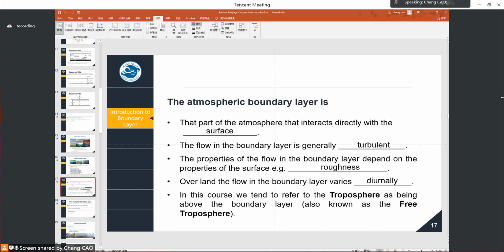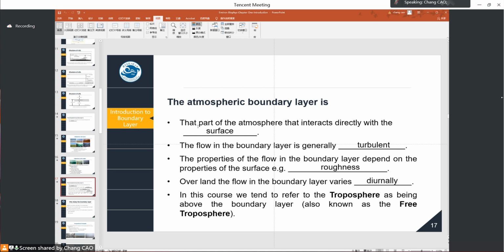Secondly, the flow in the boundary layer is generally turbulent. The third thing is that the properties of the flow in the boundary layer depend on the properties of the surface, for example, the roughness. And fourthly, over land, the flow in the boundary layer usually varies diurnally. That's what I have explained.